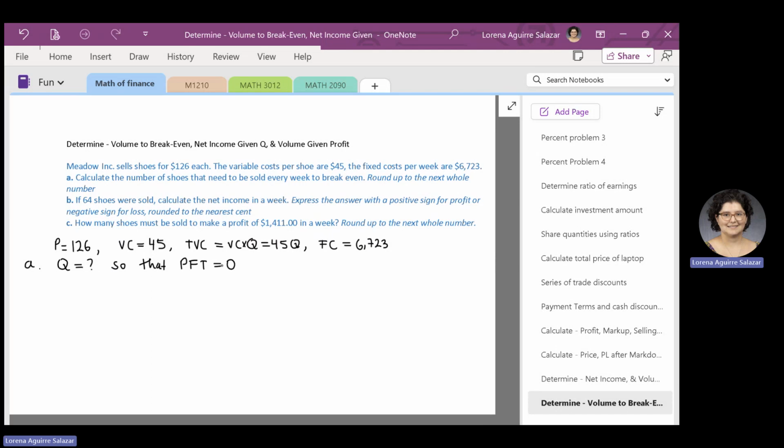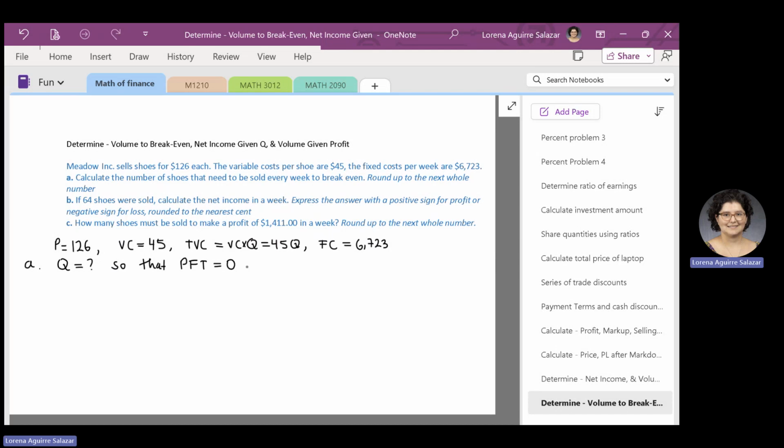When the number of units of the product produced and sold cover all the costs related to producing it, the business is said to break even. The point at which the total revenue or total sales is equal to total costs is known as the break-even point. So at the break-even point, the profit or net income or loss is 0. So there is no profit made or loss incurred.